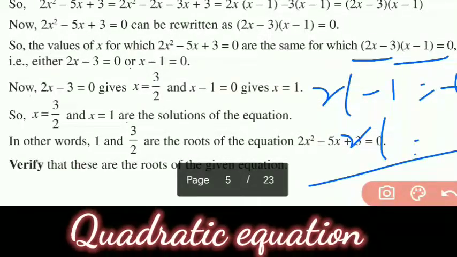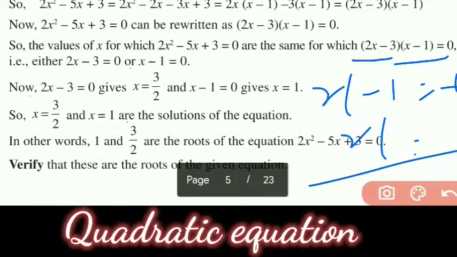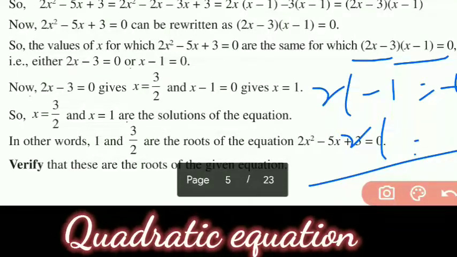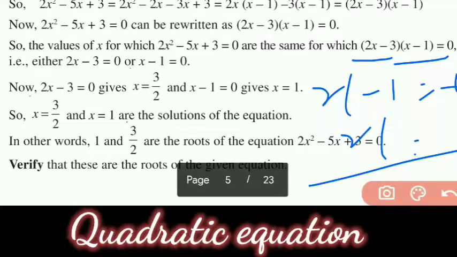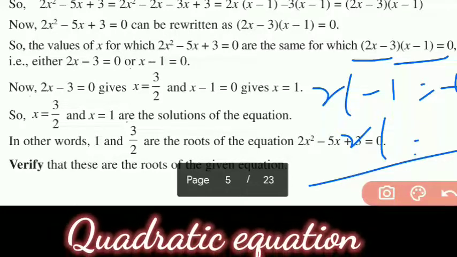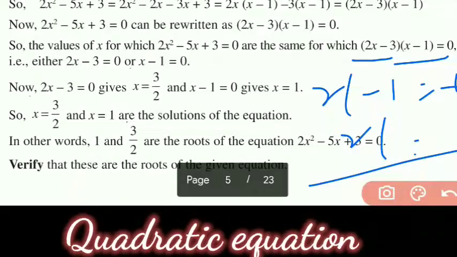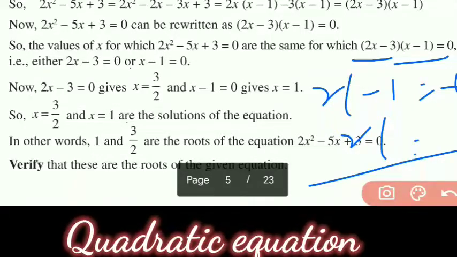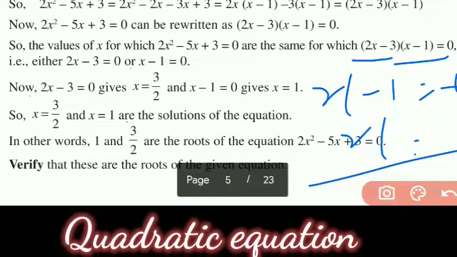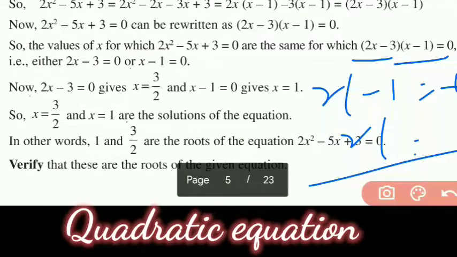This is also required because x is the zero of the quadratic equation. It means when we put x is equal to 1, we get the result 0. And when we put x is equal to 3 upon 2, we also get the result 0, because these are the zeros of the quadratic equation.